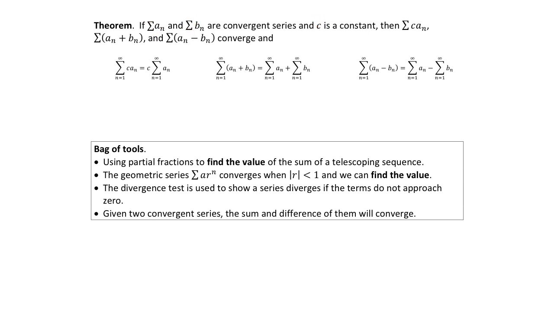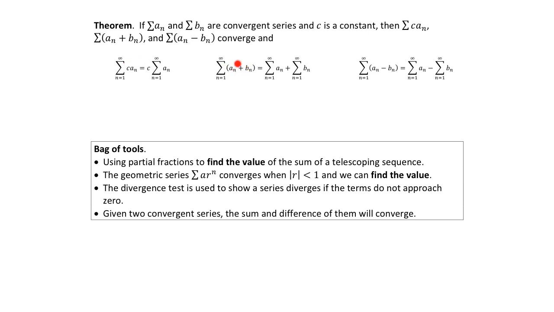We can create new series that also converge. So the series with terms c times a sub n will converge. The series with terms a sub n plus b sub n will converge, and the series with a sub n minus b sub n will also converge. Okay? And with the c in there, you can kind of pull the c out front.